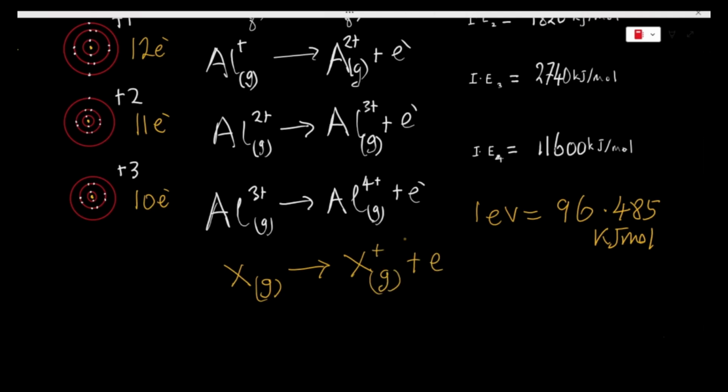And that will be the general equation that would represent the first ionization energy for any element. But when a particular element is specified, you just indicate the element symbol and you get the equation written accordingly.